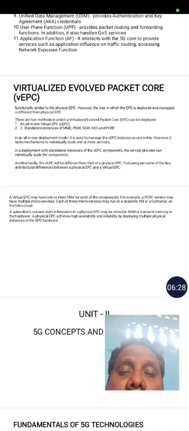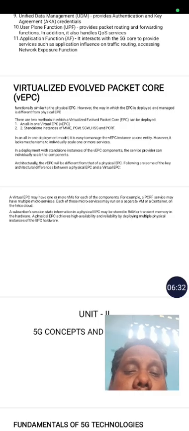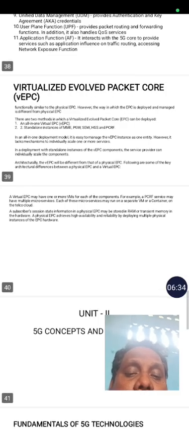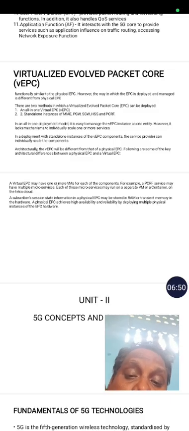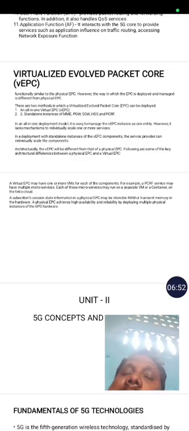The subscriber session state information in a physical EPC may be stored in RAM or transient memory in the hardware. A physical EPC achieves high availability and reliability by deploying multiple physical instances of the EPC hardware.